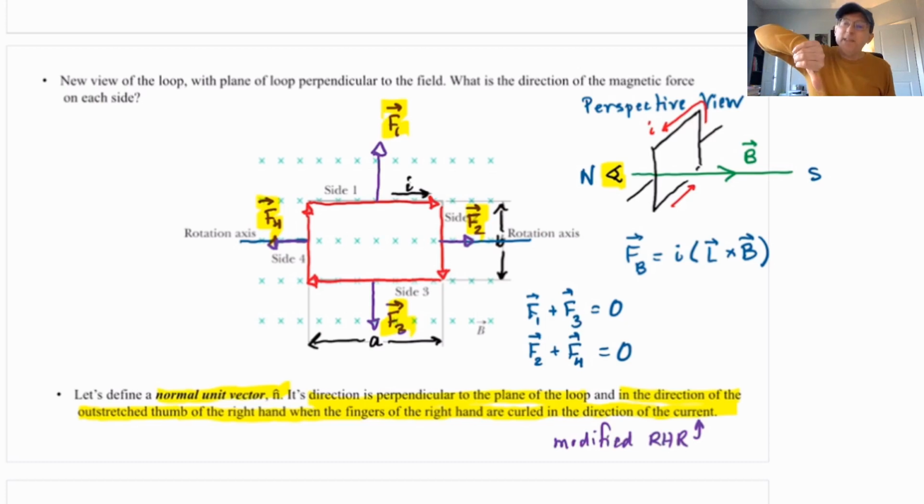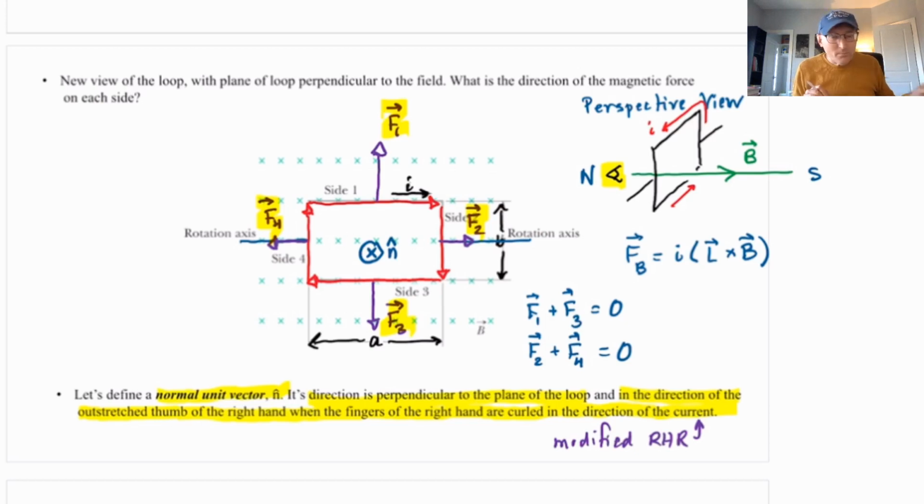This way, and then your thumb points in the direction of the n hat. My thumb points down. Down to me means into the screen. So the n hat vector for this loop in its current configuration, I would draw right in the center, and I would draw it as an X encircled, meaning that the arrow points into the screen. And that's the direction of the normal unit vector for this loop when it's oriented like we see it here.